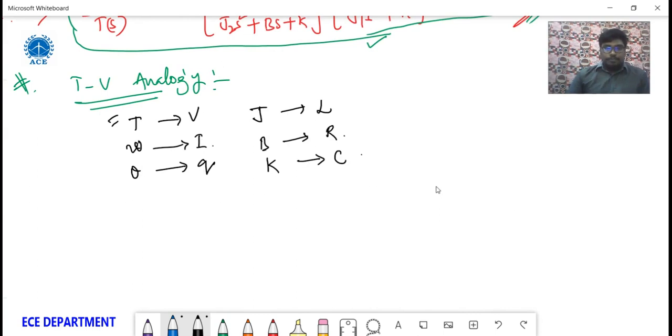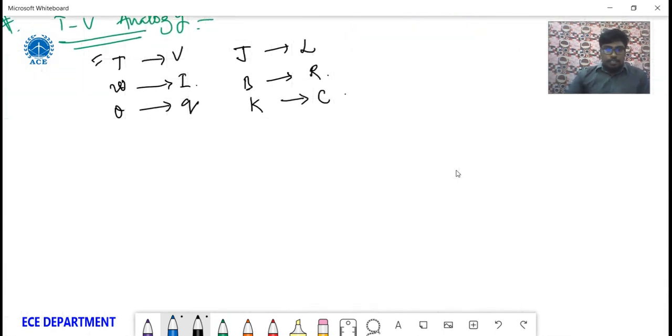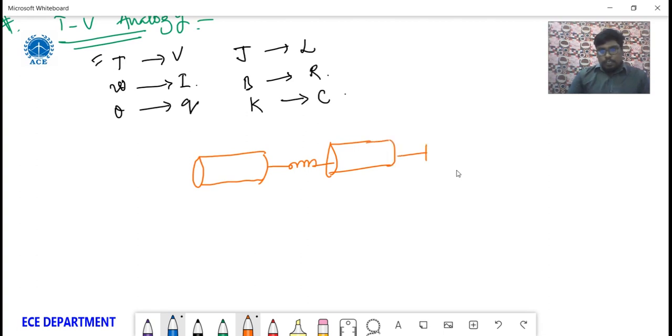Now, quickly I will redraw the given rotational mechanical system. Here a dashpot is connected, and this is the reference.